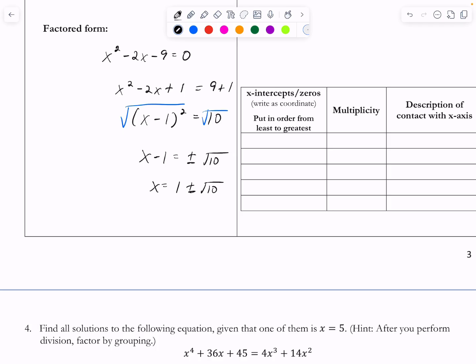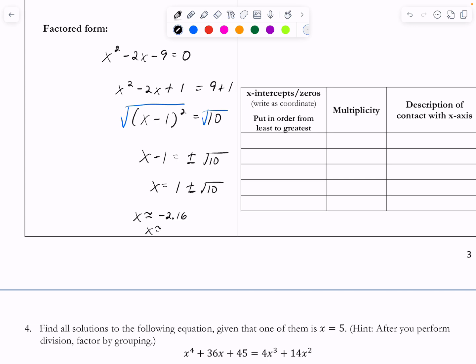Now, whether you did this with completing the square or with the quadratic formula, it shouldn't matter. You should get the same thing. And I'm going to use my calculator to make sure that I get the decimal approximations here. So 1 minus the square root of 10 is going to be negative 2.16 approximately. So negative 2.16.